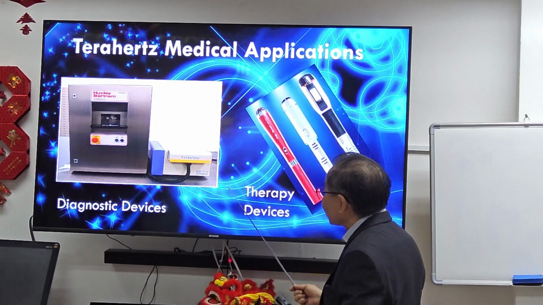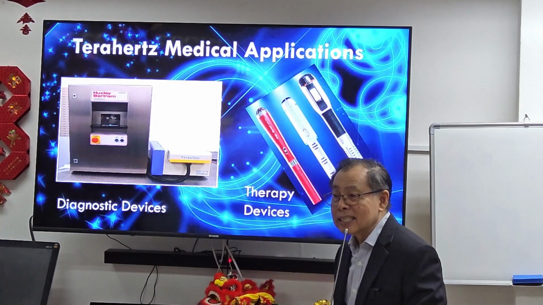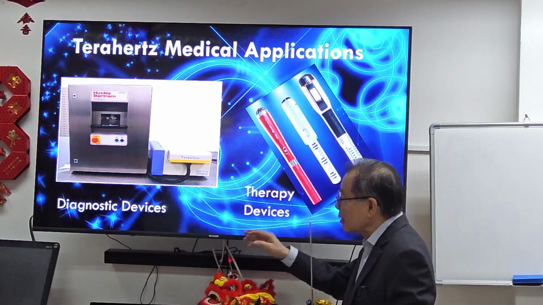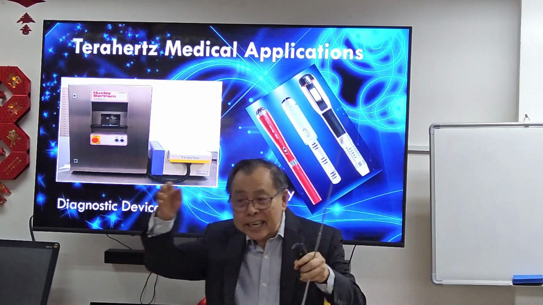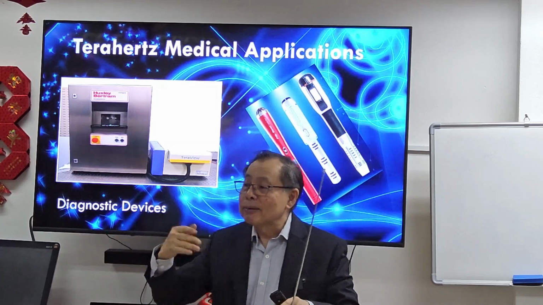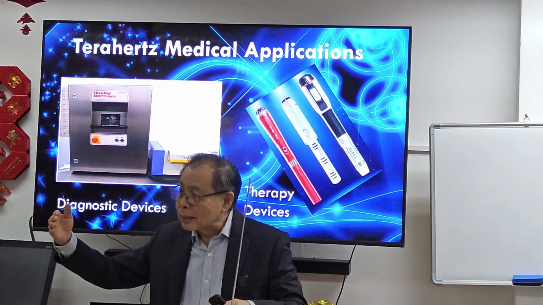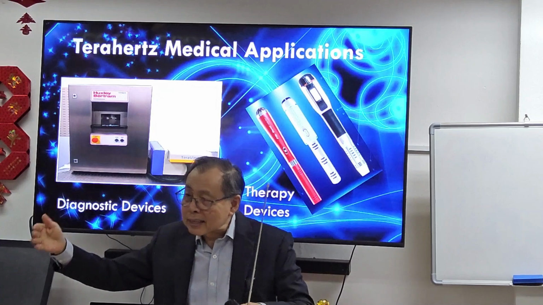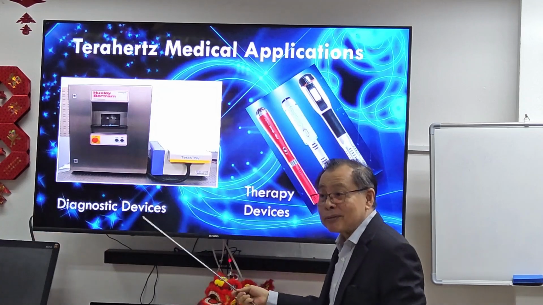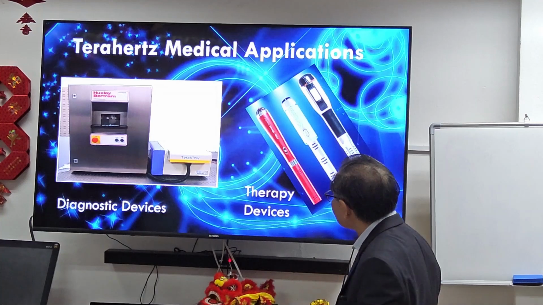More so, in the case of cancer, because they can differentiate different layers, TeraHertz can actually mark out for you the age of the tumor. You can actually see where normal tissue ends and cancer tissue begins. That is very useful if you want to do any therapy.